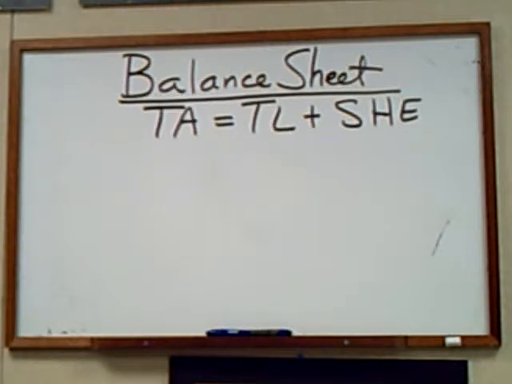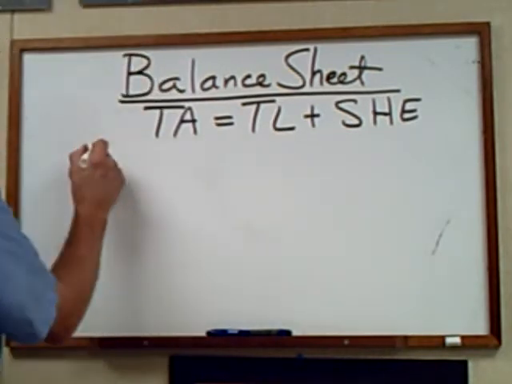The right side shows what the company owes regarding that: total liabilities, owing the banks or the vendors, and stockholder equity, owing the stockholders who have invested in the firm. So with this fundamental picture of the balance sheet, let's take a look at some of the components.